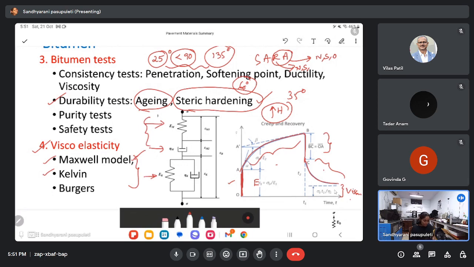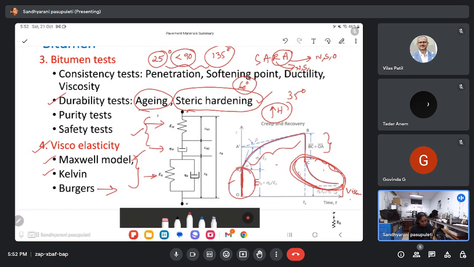But we have already discussed there are a few disadvantages in the Maxwell and Kelvin models. The Maxwell model could not capture the time dependent recovery, and in the Kelvin model we could not see the initial elastic nature. Thereby, by eliminating the limitations of both Maxwell and Kelvin, we have suggested something called the Burgers model.